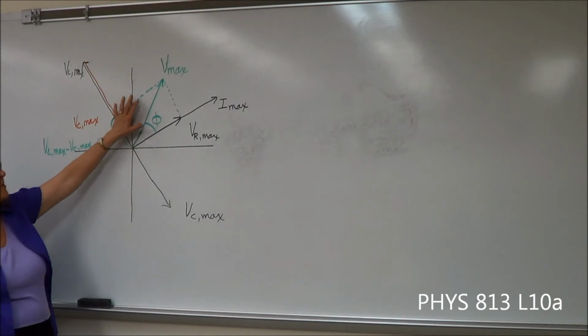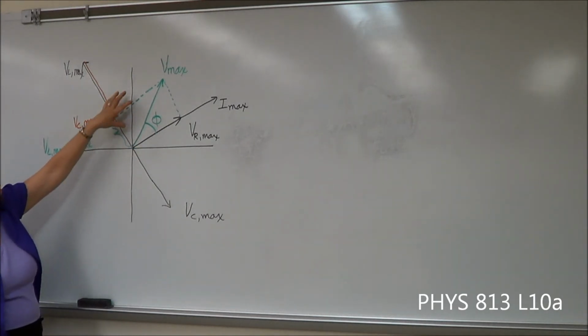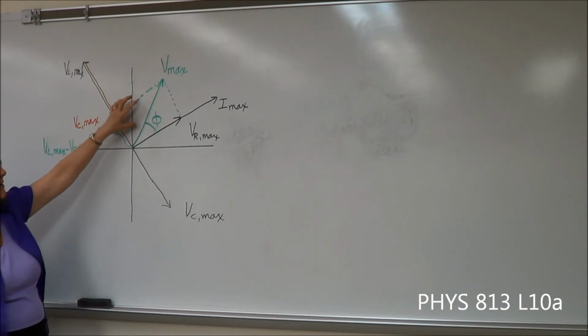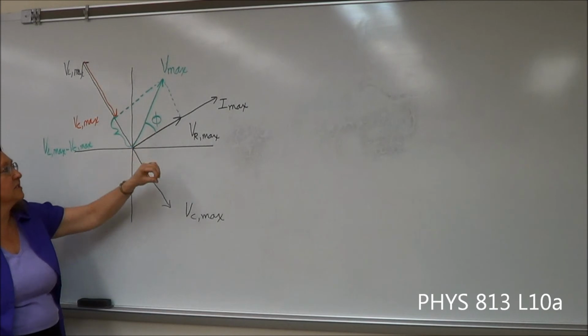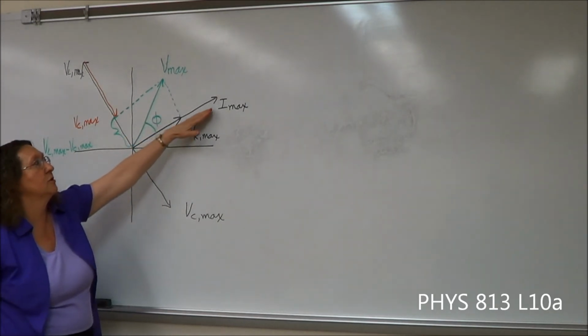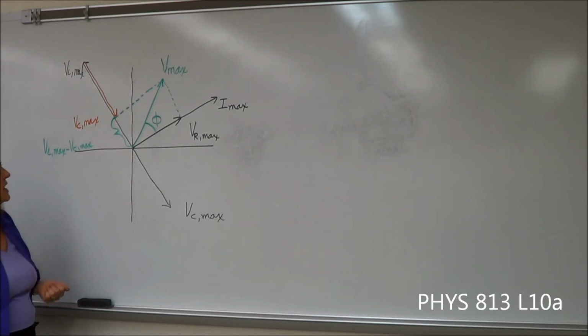So it shows us how the maximum voltage vector is related to the voltage across the resistor, and actually related to the current, whether it's in phase or out of phase or a little bit in or out.